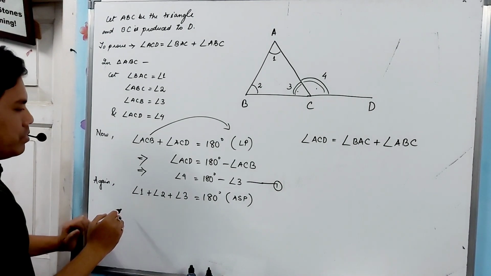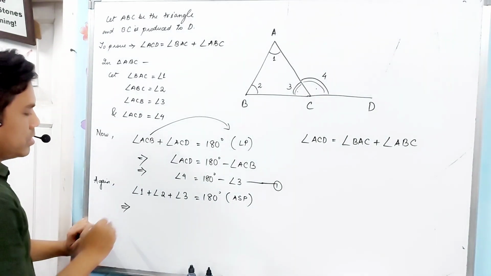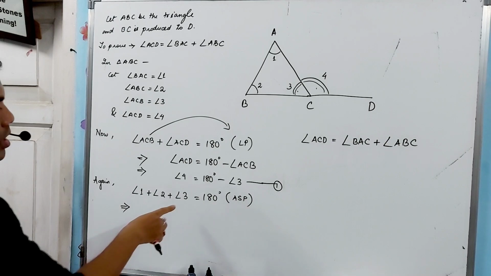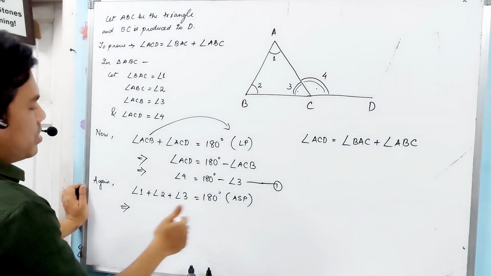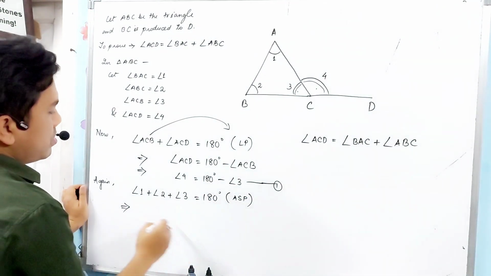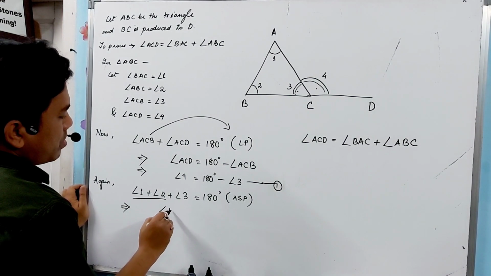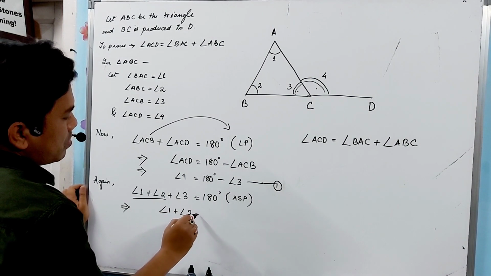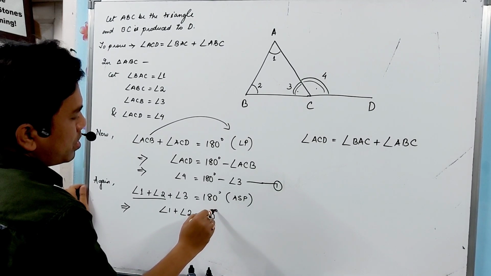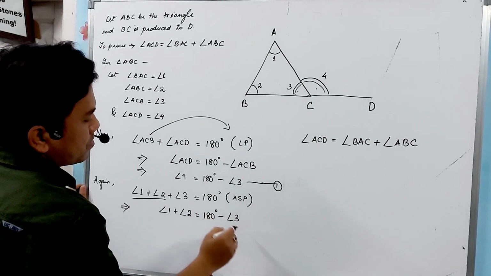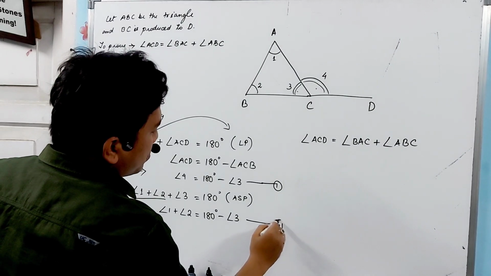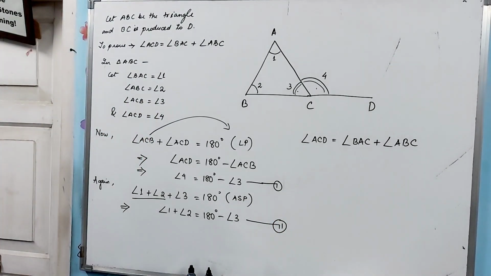Okay. Now what we will do? Again we will take this angle 3 to the other side. Angle 3 to the other side. So what will remain here? Angle 1 plus angle 2 will remain, equal to 180 degree minus angle 3. Let this be equation number 2. Alright.